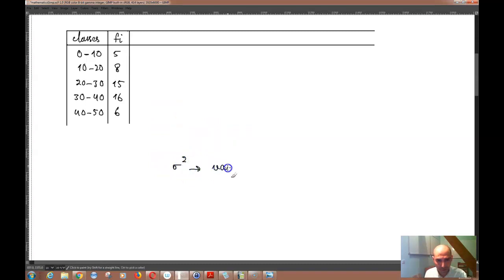That is variance. And if you take the square root of sigma squared, you will get sigma, which is standard deviation.